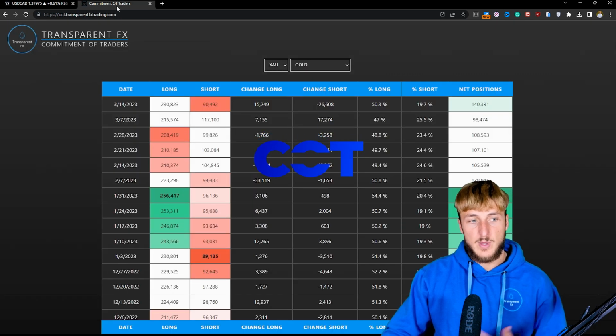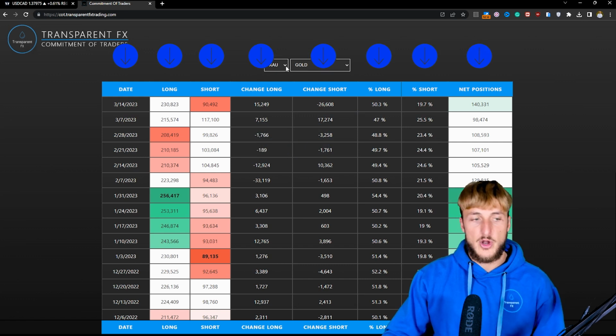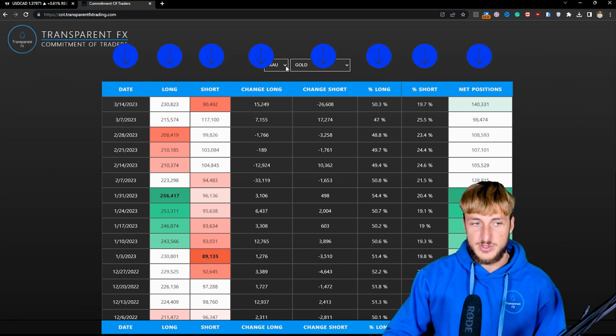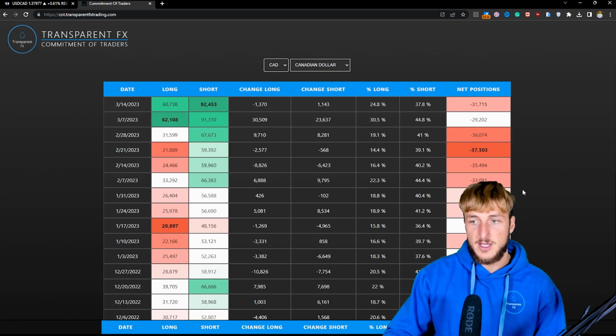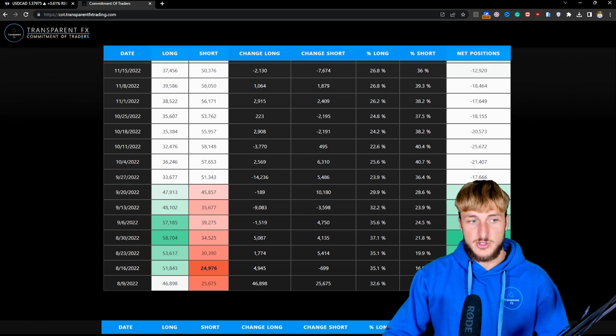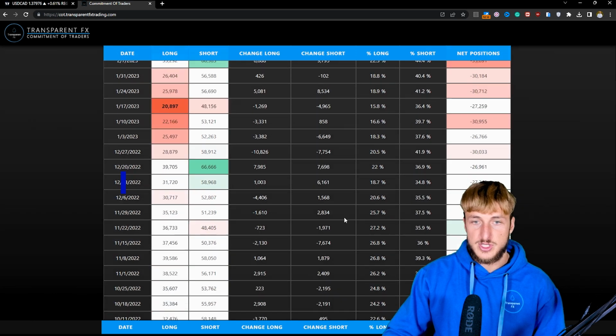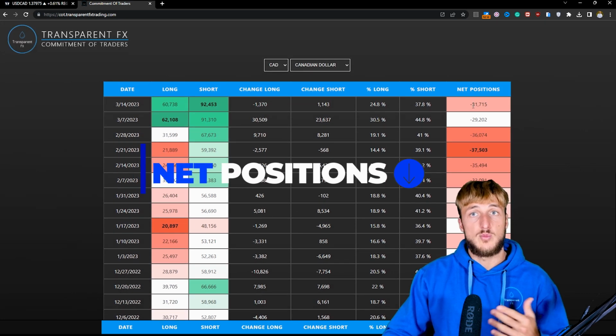Now, if we go and see what we have when it comes to the commitment of traders, so the COT data, which is what the non-commercials, so the biggest speculators in the market are doing, and we check the data specifically for the CAD, we can see how we went from having a positive net positioning with more longs than shorts on the institutional side of the market with 26k net positions with 51k longs compared to only 24k shorts, all the way down to currently having the complete opposite.